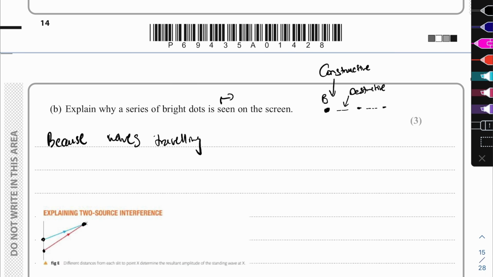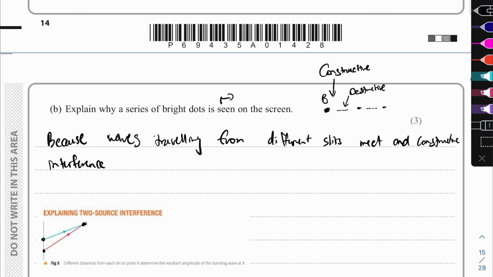We can say, because waves traveling from different slits meet, and then what happens? We get constructive interference taking place.